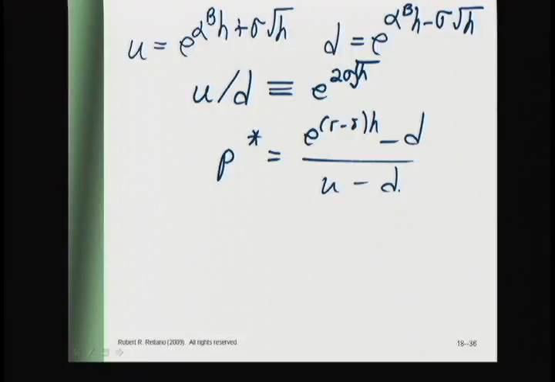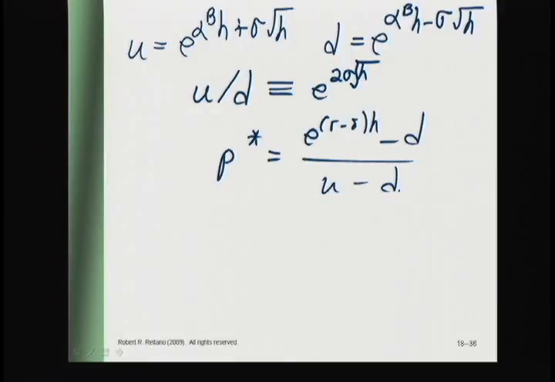And it's because of that connection between the u, the d, and the p star in these various models that it may or may not surprise you that all of those earlier binomials, when the time interval gets small, all converge to the same binomial model, namely the binomial model we now study.